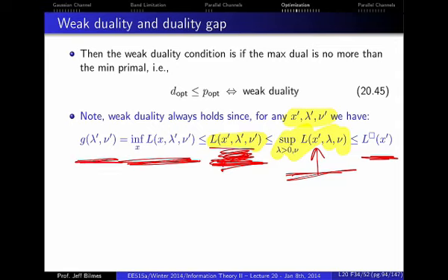So we've got the dual value at lambda prime, nu prime is upper bounded by this quantity here, for any value of x prime, lambda prime, nu prime.